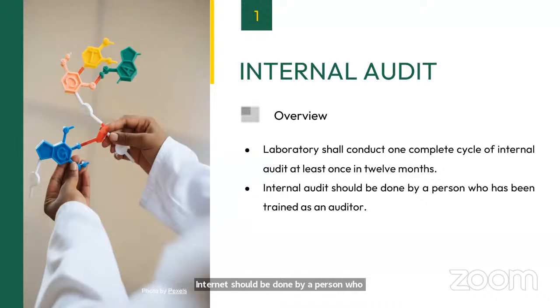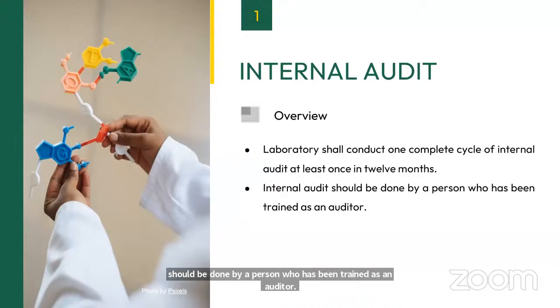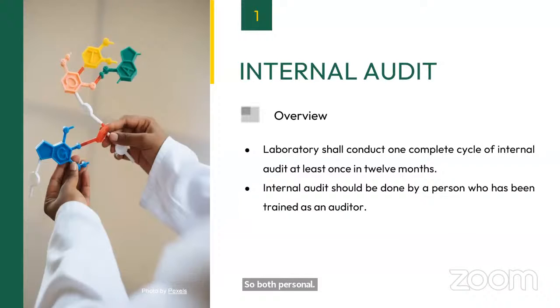Okay. Internal audit should be done by a person who has been trained as an auditor. So there are specific guidelines to become an auditor. There are guidelines for auditing a management system as per ISO 19011. So your auditors who are conducting the internal audit of the laboratories should be trained as per those guidelines. They should be well aware of the auditing techniques, auditing methodologies.